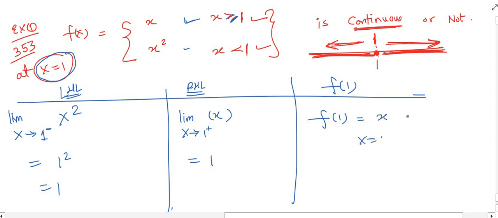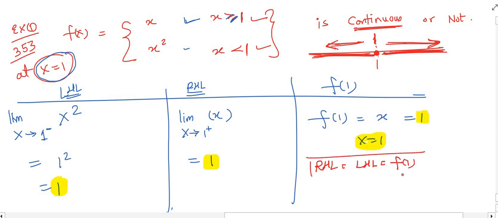So x equal to 1, the value is 1 only. So here we end up having clearly LHL value, RHL value and function value all equal, correct? So it is continuous. Clearly RHL is equal to LHL is equal to function value. So I can say that it is continuous at x equal to 1.